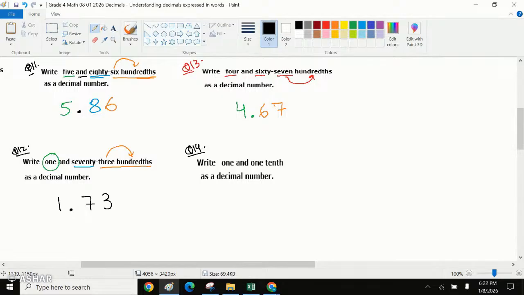This is very simple, so I cannot do anything for this. Question number 14. 1 and 1 tenth. Very simple, right? There's one position for tenths and there is 1. So this is very simple, right? It should be 1.01, right? Because it's 1 tenth. Should it be 1.01?